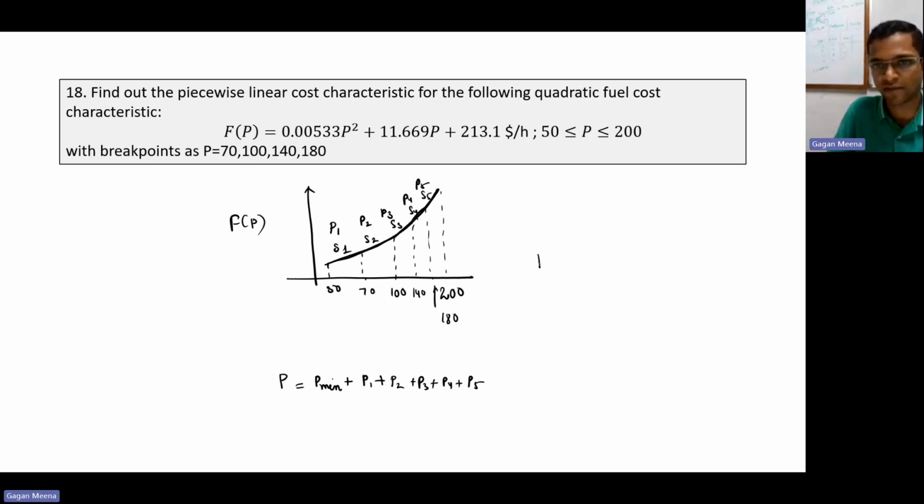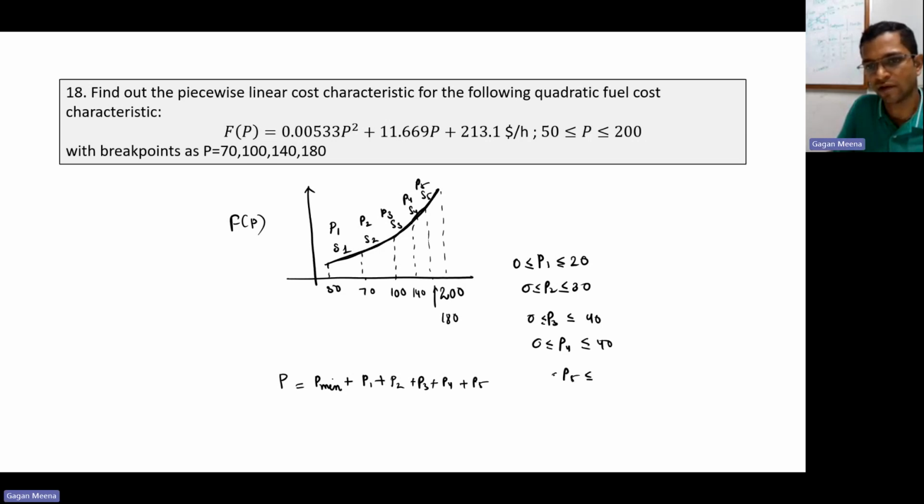In each of these segments, P1 is between how much? P1 is between 0 to 20. The length of P2 is 30. P3 is 40. And how much is P4? 40.